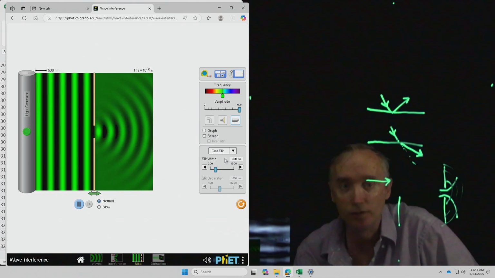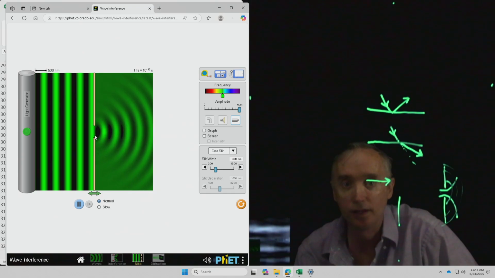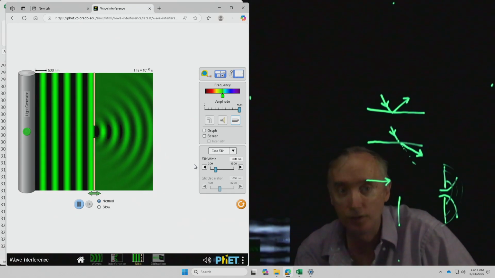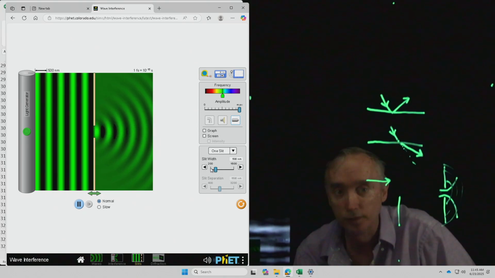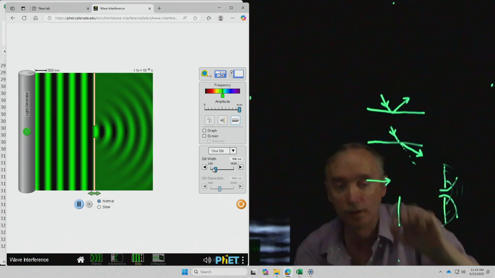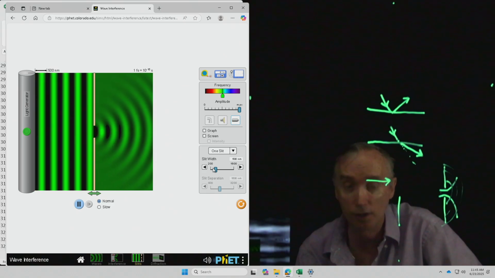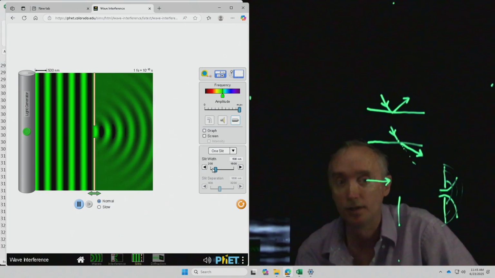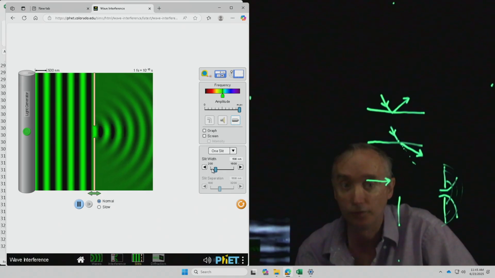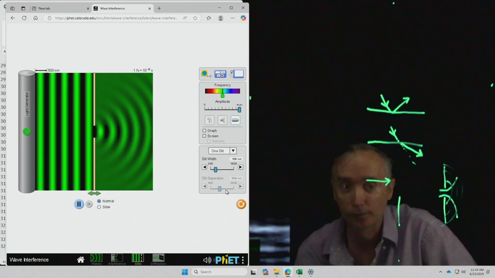Then I also want you to change the slit width. That's this part right here, and this slider here is going to change the width of the slit. And again, I want you to notice it changes the angle where the destructive interference is occurring.